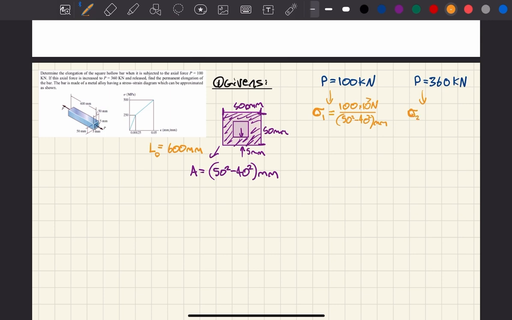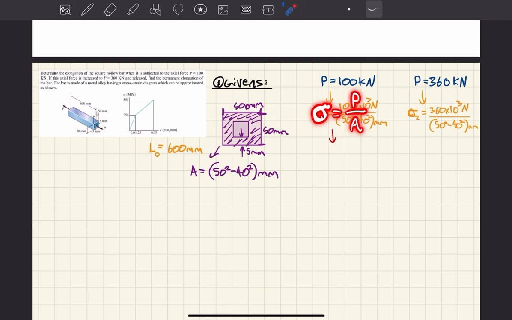Sigma 2 is simply equal to 360 times 10 to the power of 3 newtons divided by the cross-sectional area, in millimeters. Perfect stuff. Once you do this calculation, again, this is force over area. That's what stress is equal to. Sorry, I didn't write it without the variables, but hopefully you don't get confused at this point.